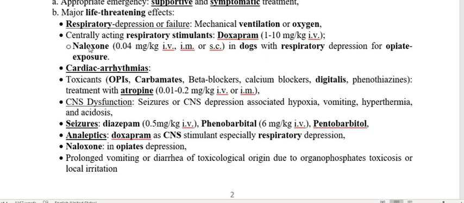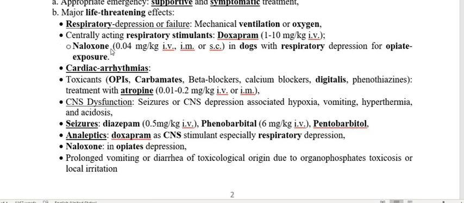And if you find respiratory depression in a dog because of opioid exposure, as you know, opioids act on the opioid receptor to produce respiratory depression. So you have to use a drug as an antidote or symptomatic treatment that checks the attachment of opioid on the opioid receptor, by giving an opioid antagonist.